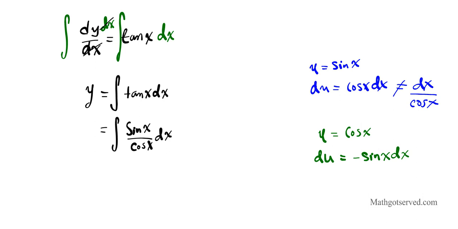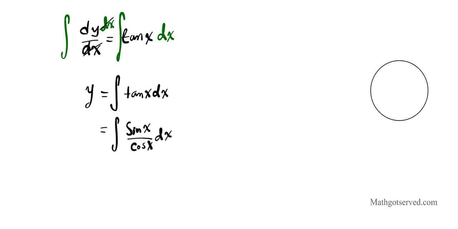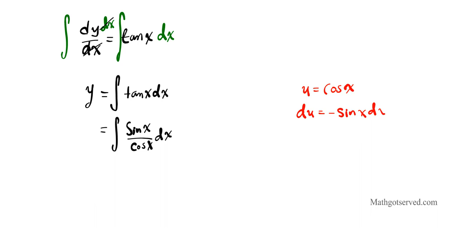All right, so let's go ahead and do that. I'm going to use u-substitution here. u is going to be cosine x, like we just found out. And then du is going to be negative sine x dx. And I just have sine x dx. I don't have a negative here, so I have to divide by negative 1. So negative du equals sine x dx.